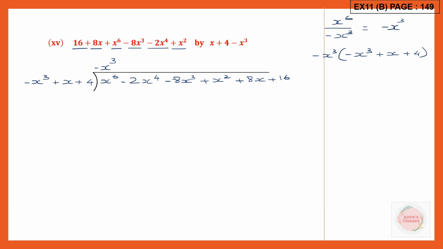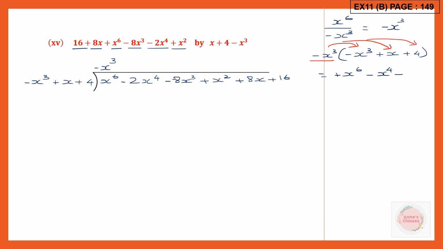So now first let's multiply this into the first term here. Minus into minus is plus, x cube into x cube is x to the power of 6. Then we multiply into plus x. Minus into plus is minus, x to the power of 3 into x is x to the power of 4. Then we multiply this with plus 4.